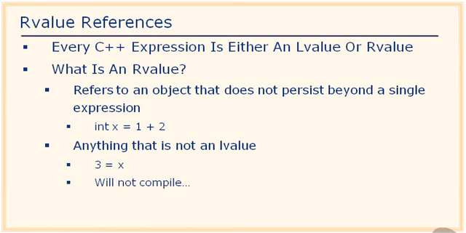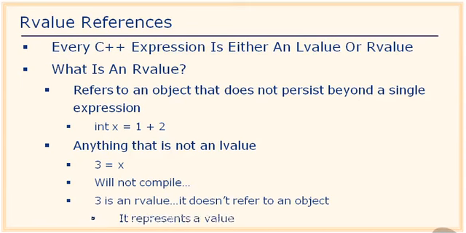C++ says, whoa, wait a minute, you can't do that because 3 is an R value. It doesn't refer to an object. It is a value itself. Notice this is an example where it's on the left side of the equal sign, but it's an R value. In other words, if you use the test, it doesn't refer to an object. It represents a value.